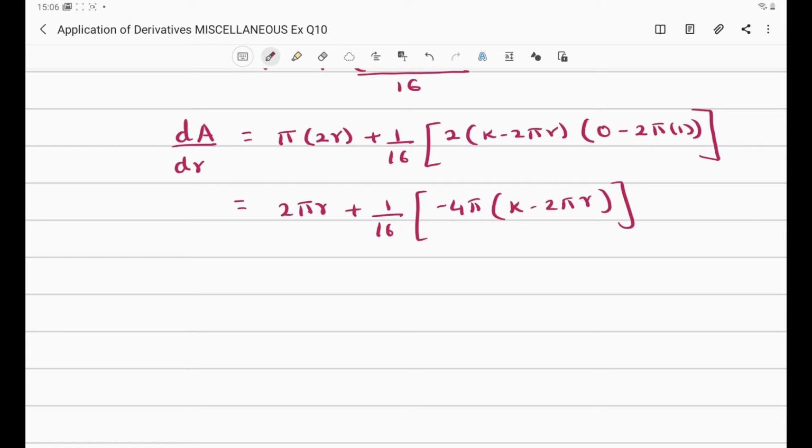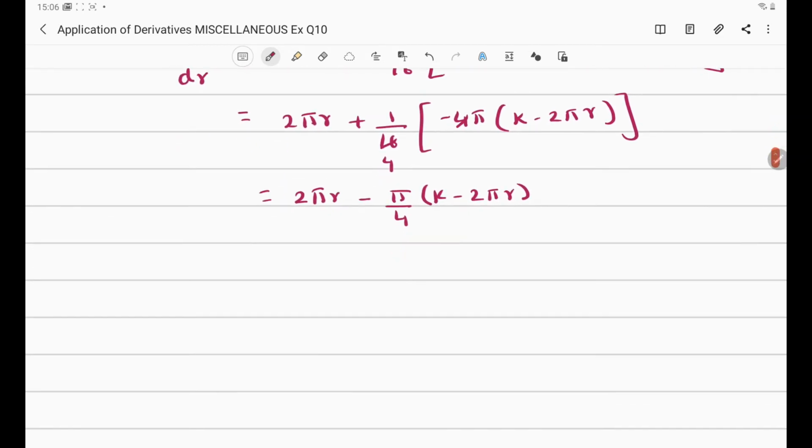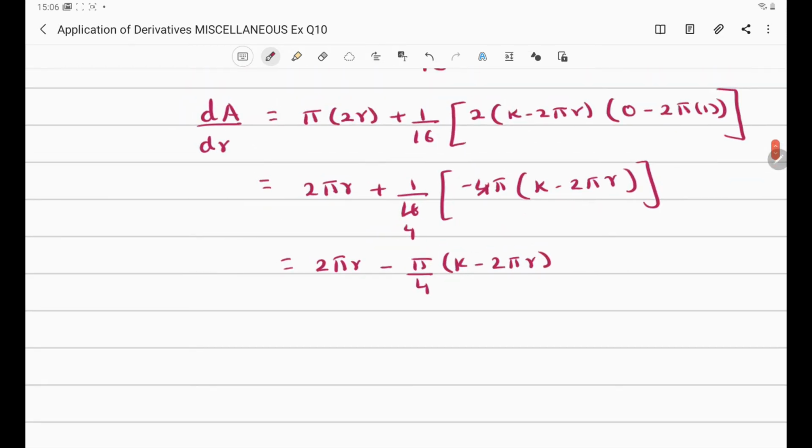So let us simplify this. 4 goes into 16 four times. So we get this as 2 pi r plus 1 by 4 into minus pi into k minus 2 pi r, which is negative pi by 4 into k minus 2 pi r. After we found dA by dr, now we have to find the critical points.